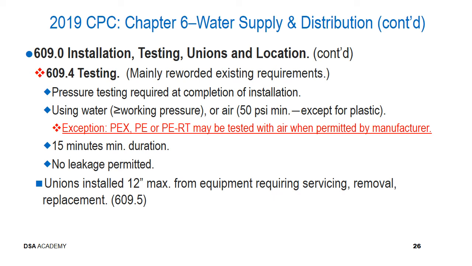Another important installation practice is the fact that unions have got to be installed 12 inches max from the equipment that requires servicing, removal, or replacement. And obviously the reason for that is that if equipment needs to be removed for replacement or servicing, unions are going to facilitate the ease with which that can be done.